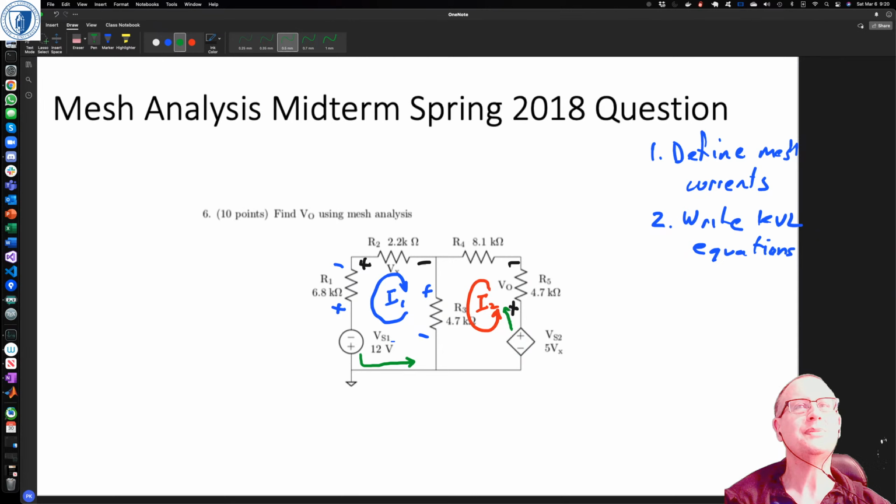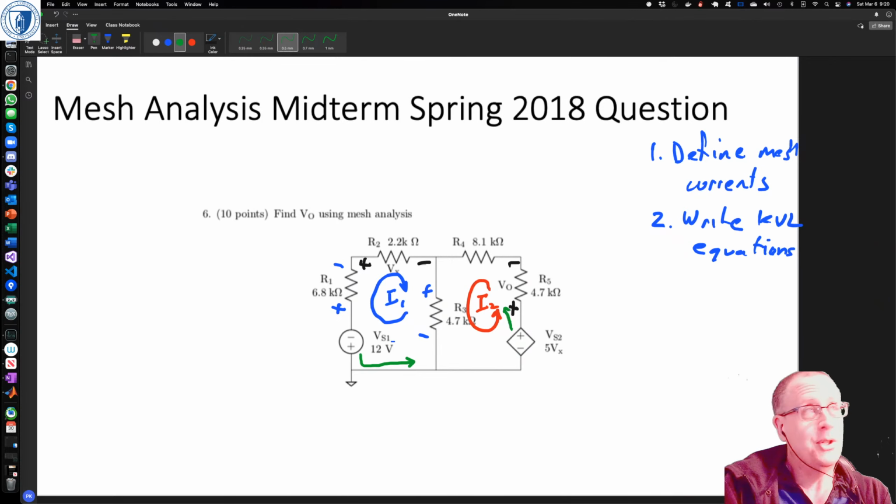But I've chosen I1 to go in the opposite direction of the current from VS1. That's okay. It just means one is the negative of the other. They're going in the opposite direction. I2 is the other way. I2 is going in the, quote, right direction. Okay, so I'm not sure I've answered the question. Can you repeat the question or maybe restate it?